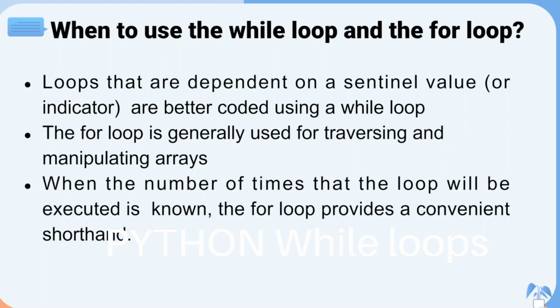Well, use while for loops that are dependent on a sentinel value or indicator. The for loop is used for traversing and manipulating arrays, or when the number of times the loop will be executed is known. The for loop might provide a convenient shorthand for that case.